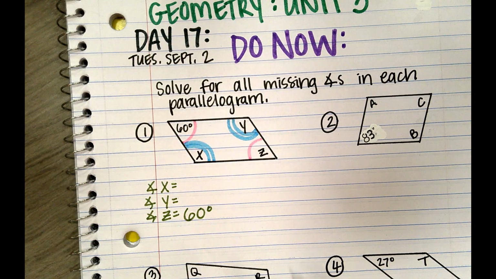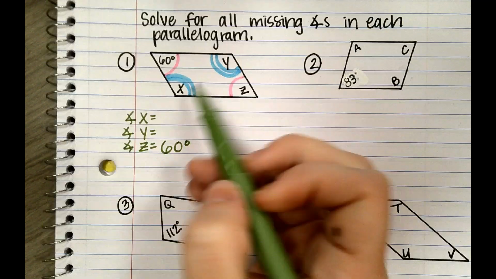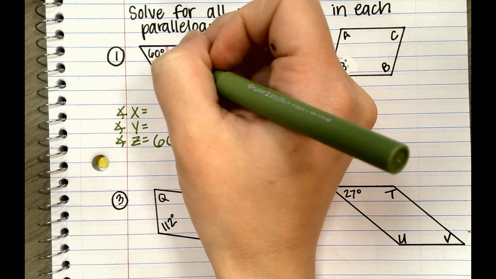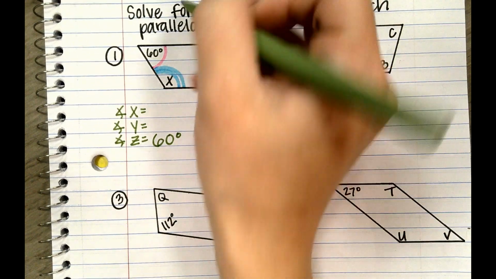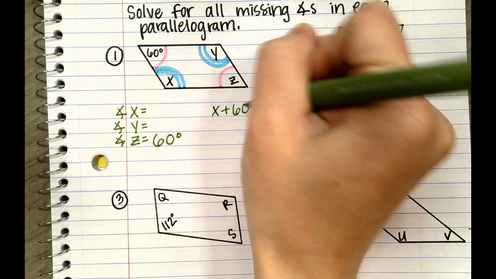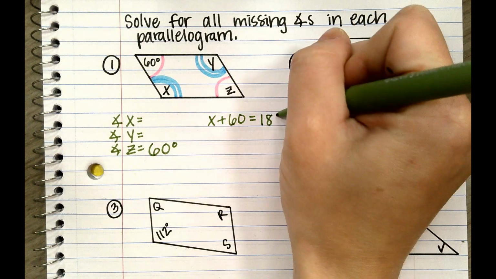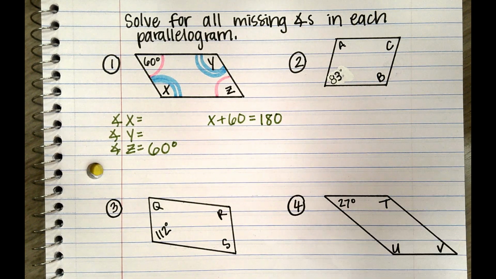So the fastest way to solve for angles X and Y would be to solve for one of them because they're equal to each other. If I know one, I know both. And the equation I would write, let's do X, is X plus 60 equals 180. And then how would I solve for X?